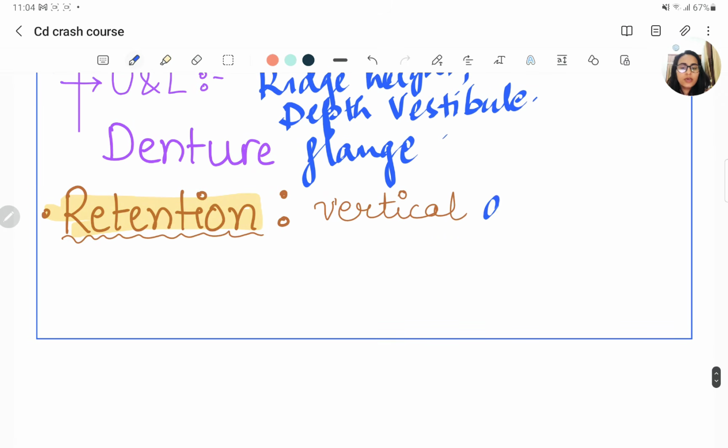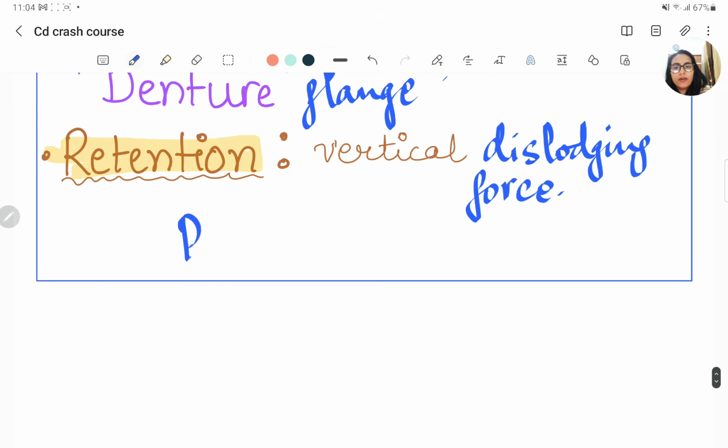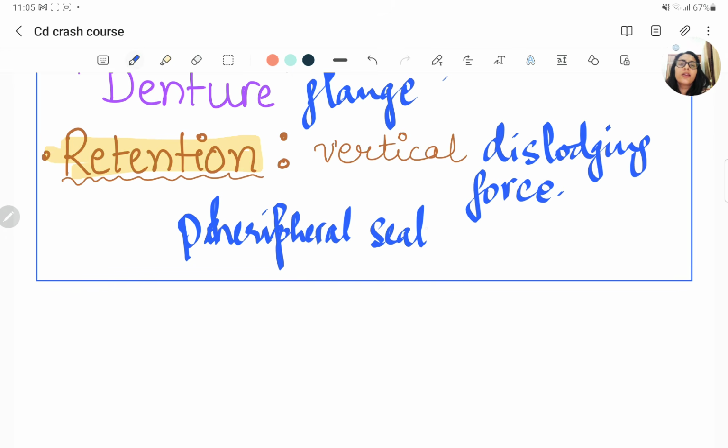Retention is against the vertical dislodging forces, the vertical forces that are going to dislodge the denture, and it is provided by the peripheral seal. Remember, I told you primary retention is via the peripheral seal and secondary is the anterior lingual border.